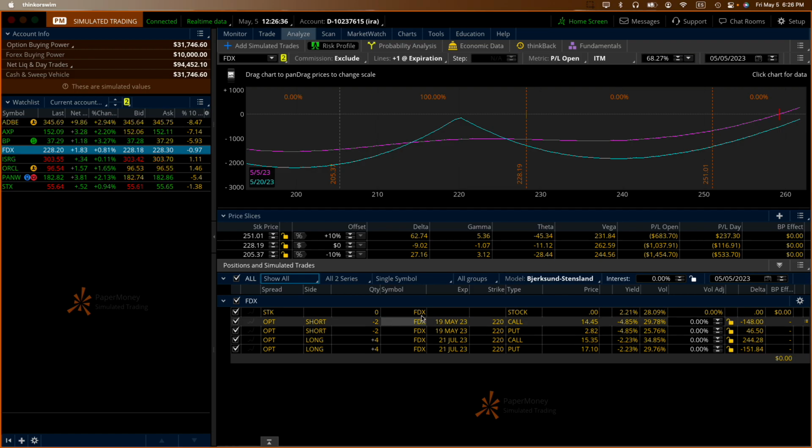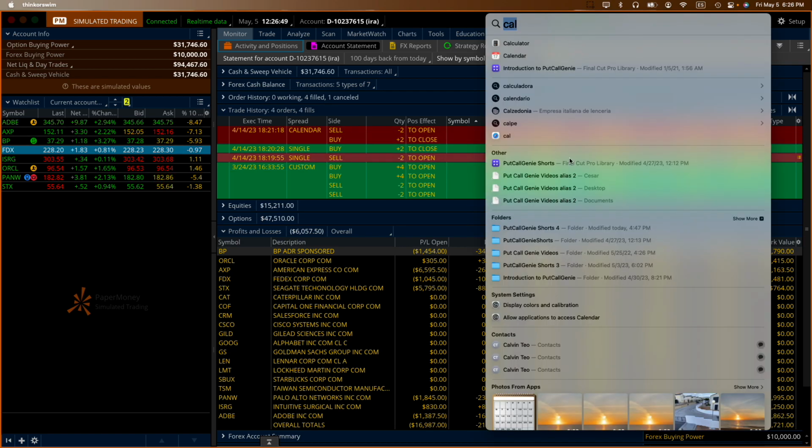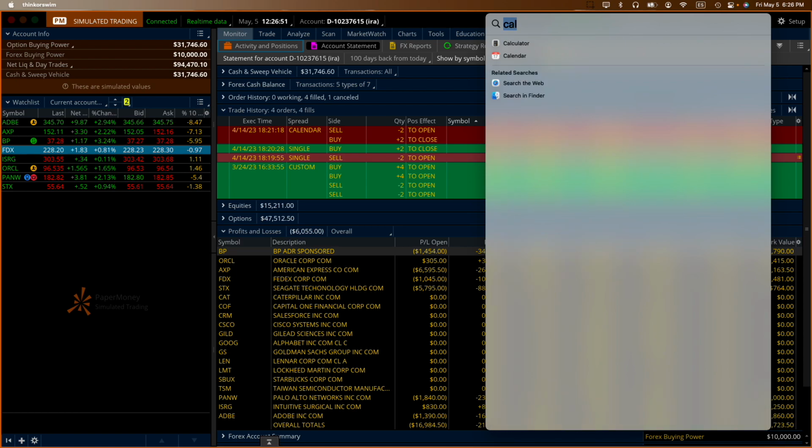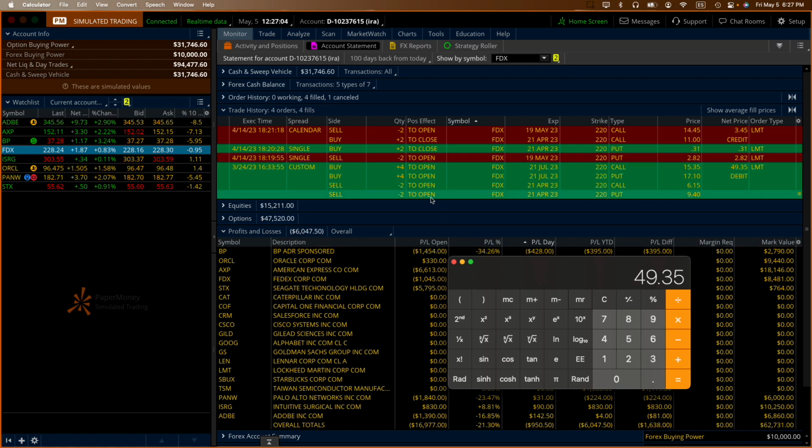And here we will have to do the same thing. Monitor tab, and we have here the current price. And then you adjust this. Calculator. And the original price is 49.35 times 200. 2 lots.